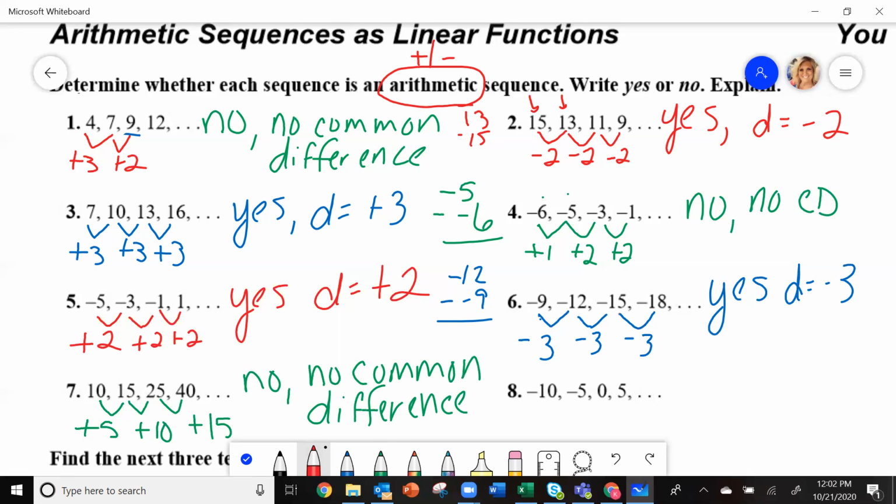Number 8, right here would have been +5, +5, +5. So yes, D equals 5. Okay, make sure you have that down if you do not already. If you need to, you can pause the video.